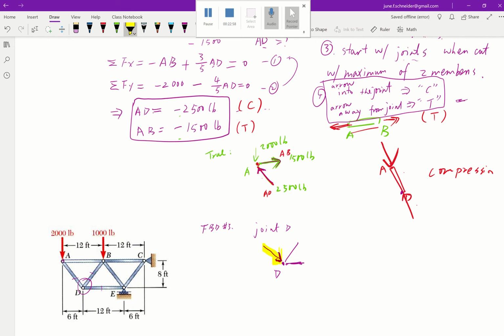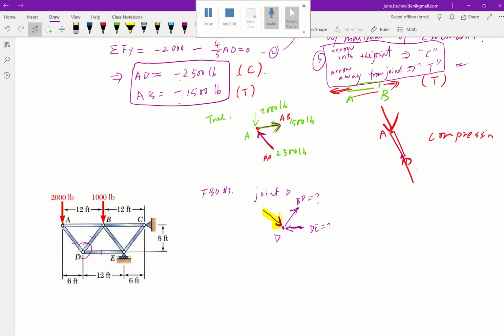Why do we have this particular arrow going that way? Now we have our BD, what we are solving. Again, you are making a guess which direction this is going to go. How about we guess it's away from the joint, right? And how about DE? How about we consider it as pushing in there. So we have BD and DE, we're guessing this way.